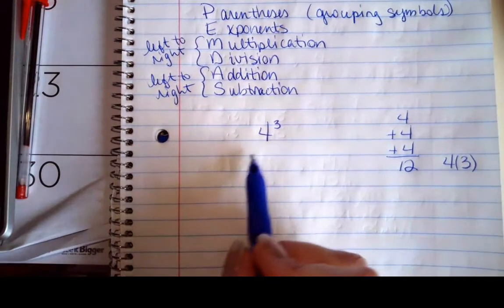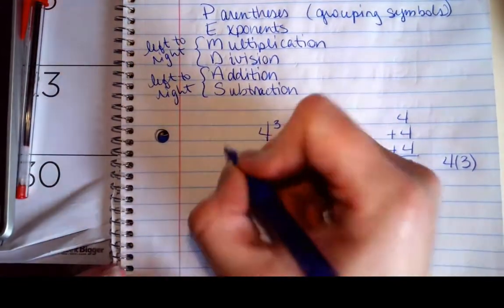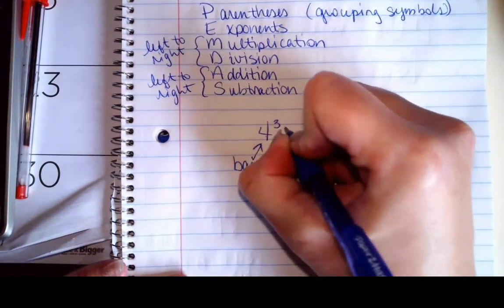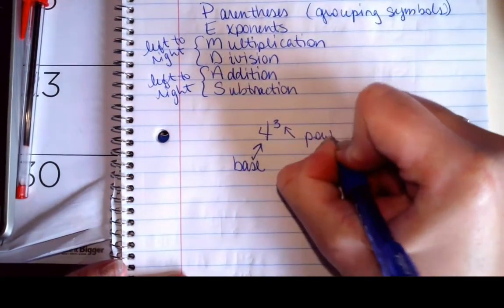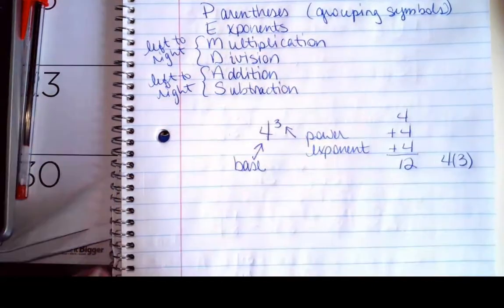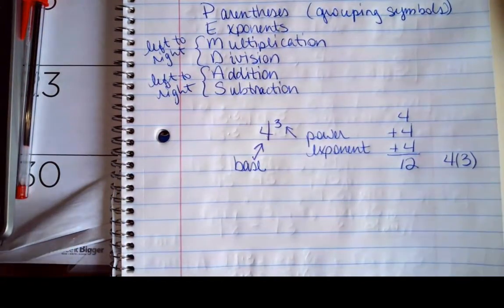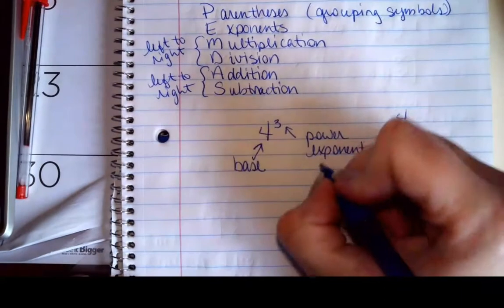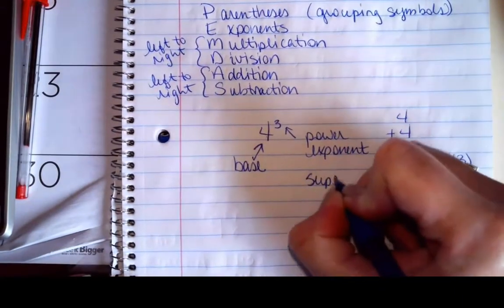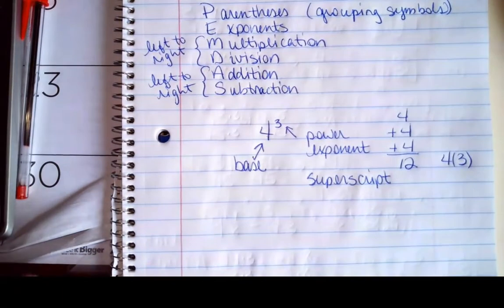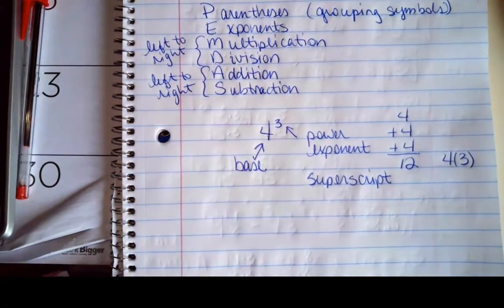Okay, so we call the base the big number. So that is your base. Your exponent is your power, or your exponent. And it's a little tiny number up and to the right of the base. Okay, it's called a superscript. And so it tells the font to be up and to the right of the base.